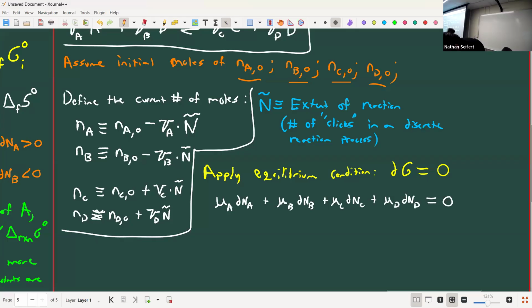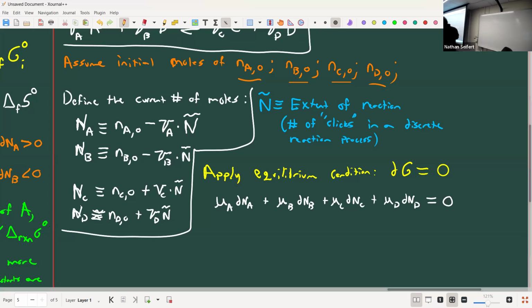And let me just be consistent. These should be uppercase, just to keep them consistent. So here's the trick, right? You can see that we have these formulas for the number of moles at some given time, and we have this equation that constrains the changes in the number of moles: the sum of all the changes in moles times the chemical potential is equal to 0.